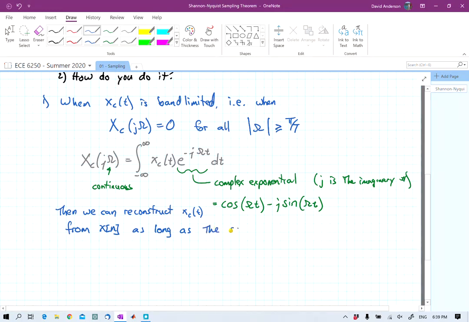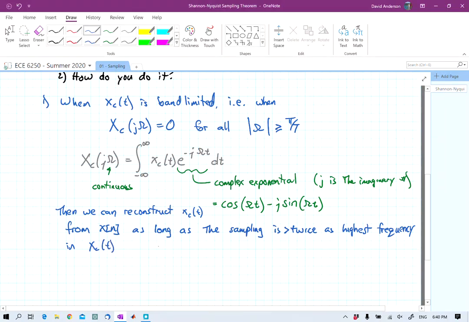So the sampling rate, it's actually greater than twice as high as the highest frequency in xc of t.